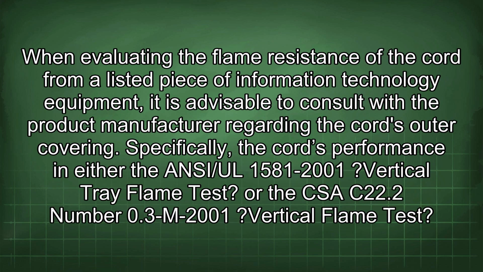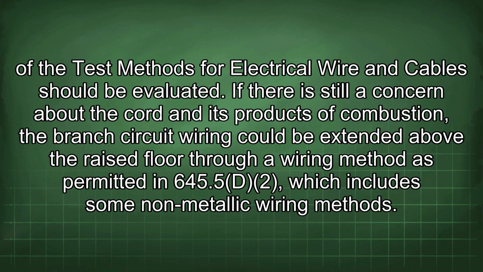When evaluating the flame resistance of the cord from a listed piece of information technology equipment, it is advisable to consult with the product manufacturer regarding the cord's outer covering. Specifically, the cord's performance in either the ANSI/UL 1580-2001 vertical tray flame test, or the CSA C22.2 No. 0.3M-2001 vertical flame test of the test methods for electrical wire and cable should be evaluated.